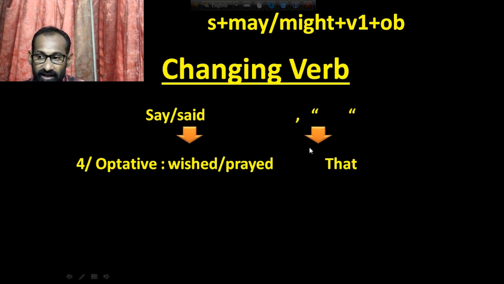And then you have to use that instead of inverted comma. The next structure will be subject plus may or might. You can use may for present tense and you can use might for past tense.